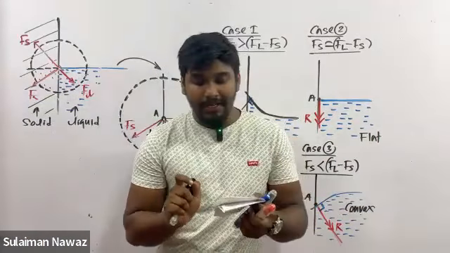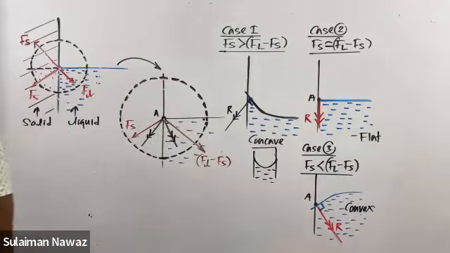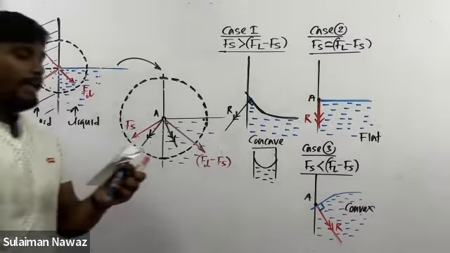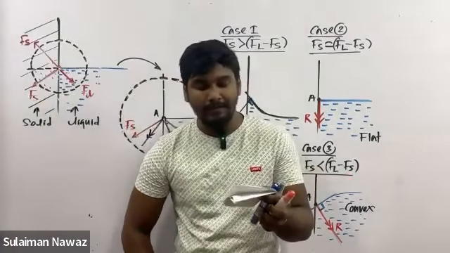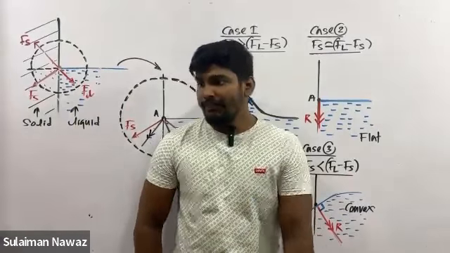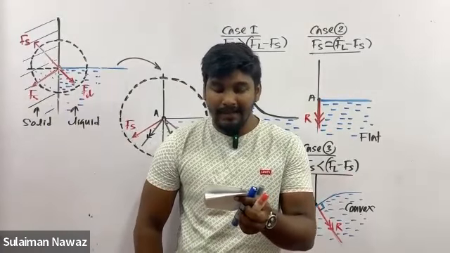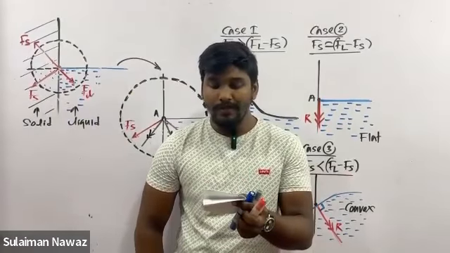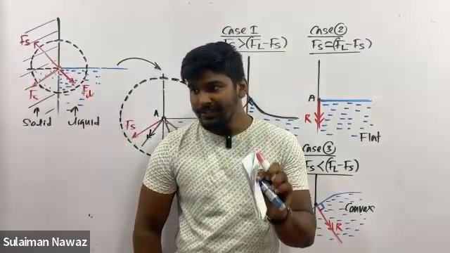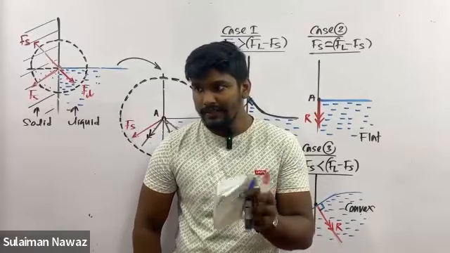At a point where a free liquid surface meets a solid wall, the angle made by the tangent drawn to the free liquid surface with the solid wall, measured through the liquid, is called the angle of contact.